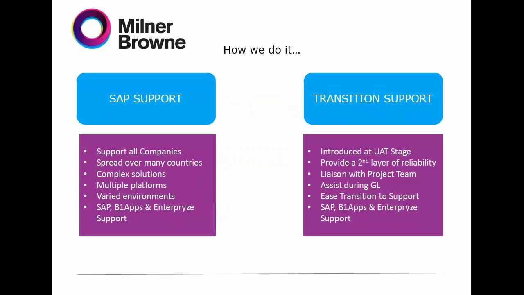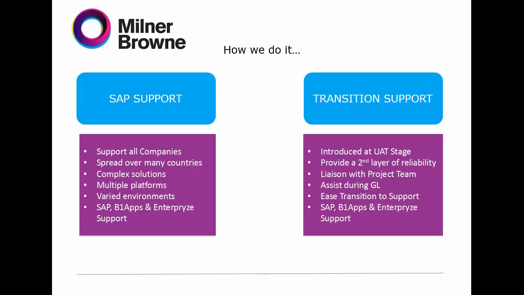How we do it, so as I mentioned before, we've our SAP and transition team. Our SAP support team support all companies spread over many countries. We've got complex solutions and multiple platforms, varied environments, and we support SAP, B1 apps and enterprise support, so all the SAP and B1 apps.